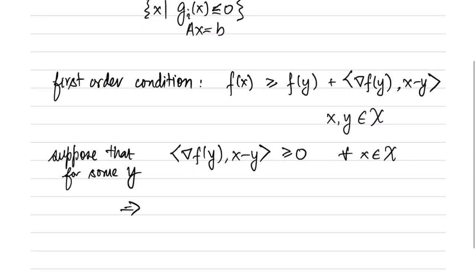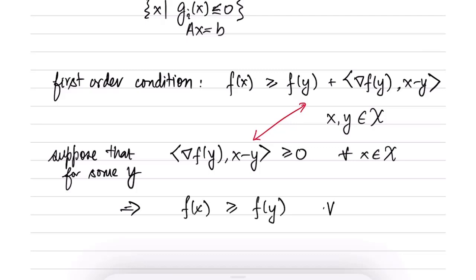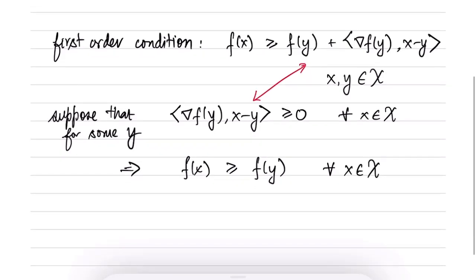If you combine these two inequalities, this implies that f of x would be greater than or equal to f of y for all x in calligraphic X. So this means that y is the point where f of x is minimized. In other words, y is nothing but x star.